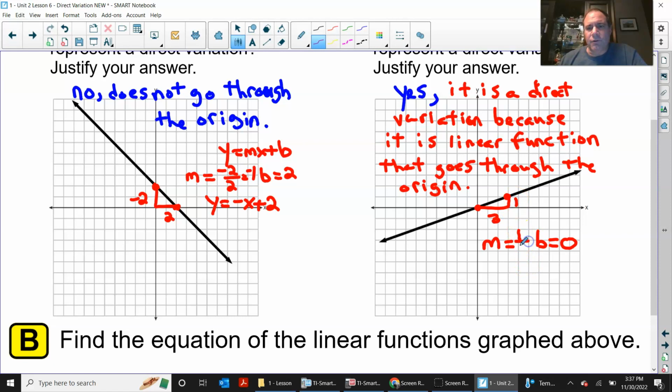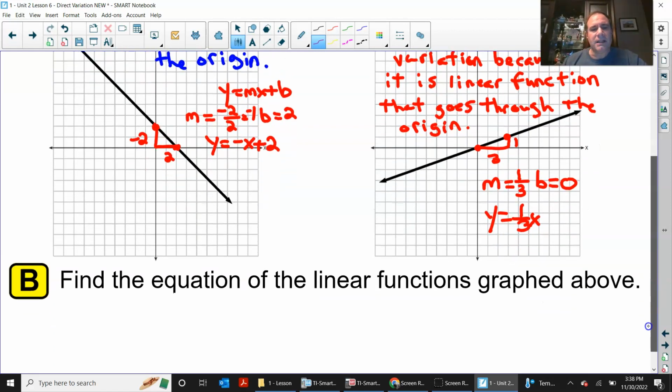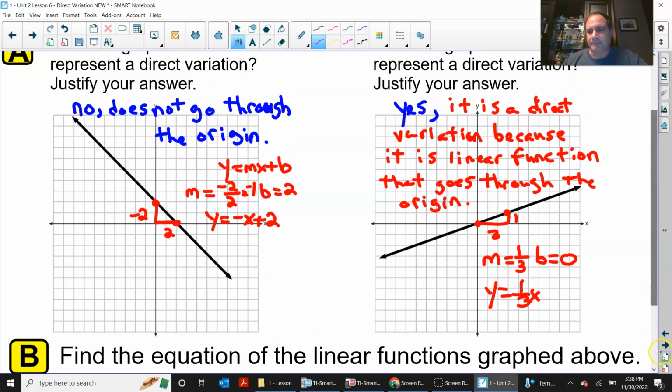The rise is 1. The run is 3. Y equals 1/3 x. Not plus 0, just leave it. A lot of people get confused and put 3 over 1. No, rise over run. We found the equation of each one, and we are going to move on.